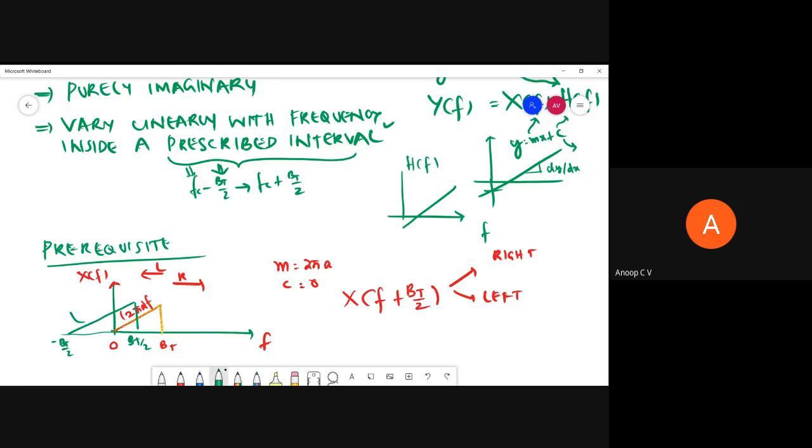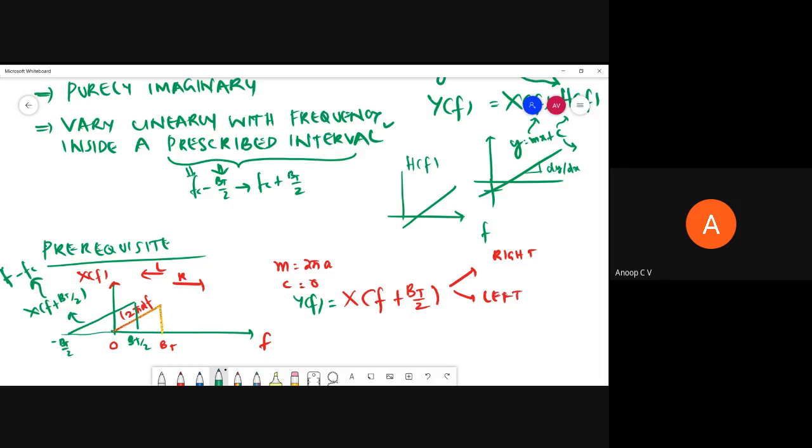So this is actually x of f plus bt by 2. Now if I replace this, I write this as y of f.